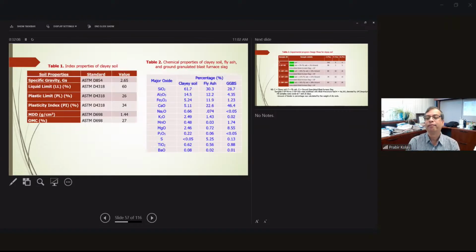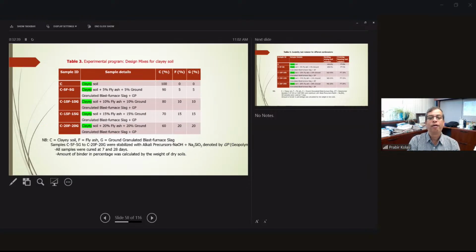The chemical composition is very important, as I mentioned earlier, of the fly ash, GGBS and blast furnace slag. The fly ash used here is class C, with calcium at 22%. The specific gravity of the clay is 2.65, liquid limit is 60, and plasticity index is 34.